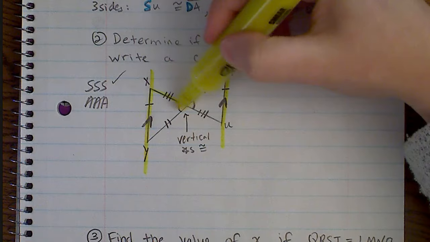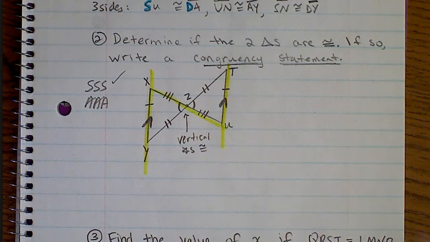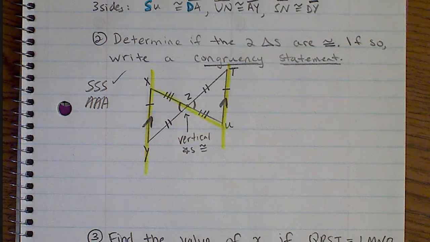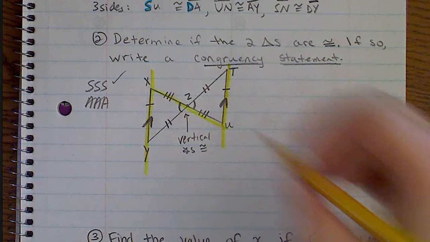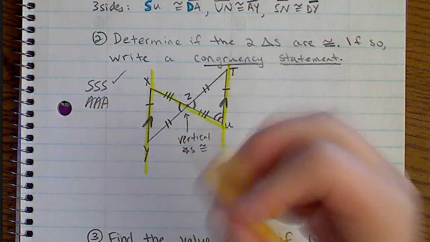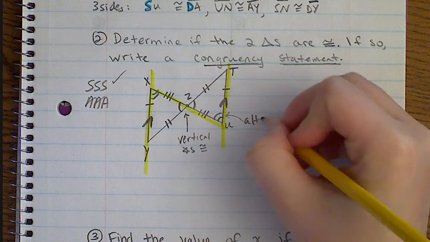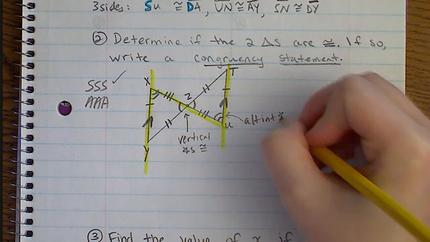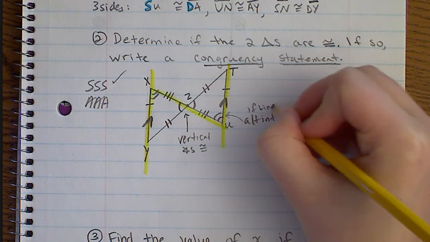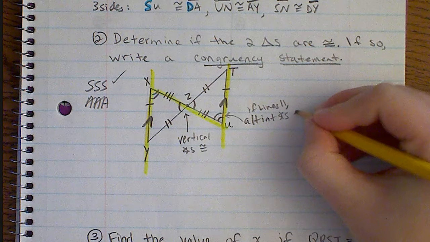I noticed that this line cuts through both of them, and then I have that little Z shape. And so that reminds me of alternate interior angles, so I'm going to mark those congruent because if lines are parallel, alternate interior angles are congruent.